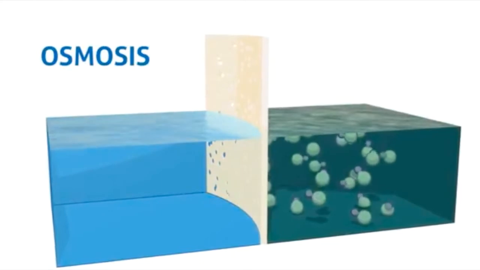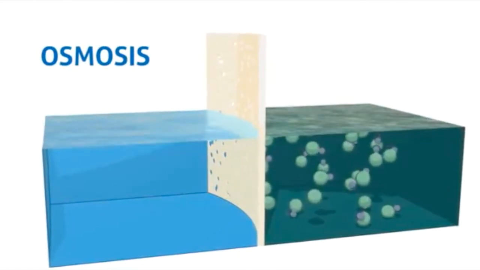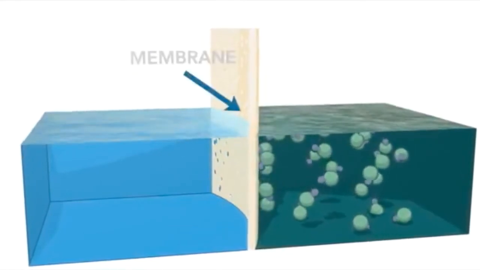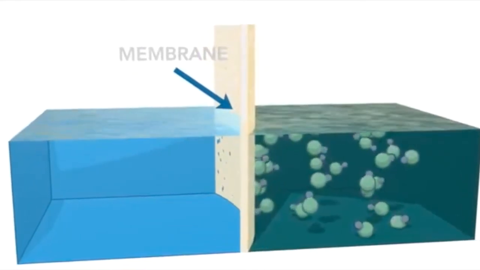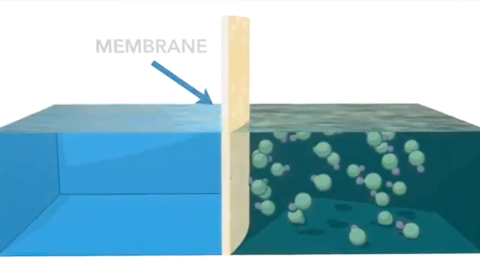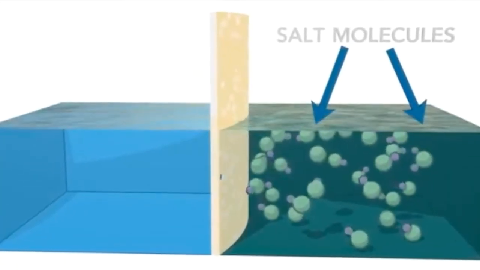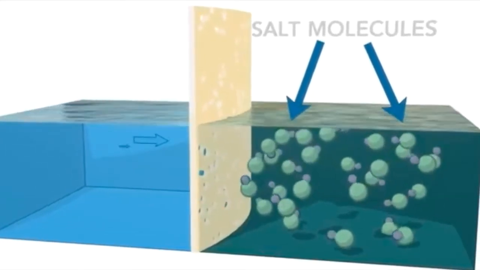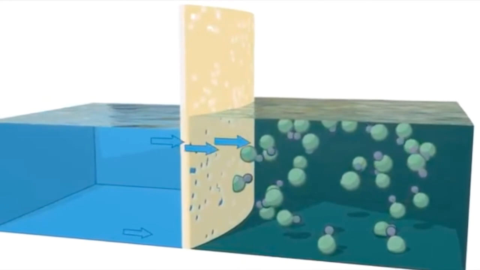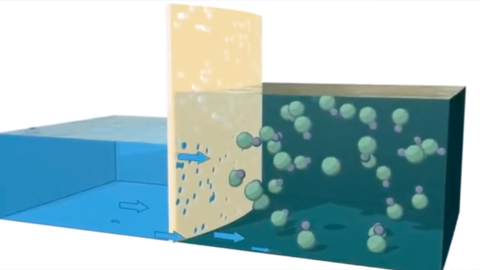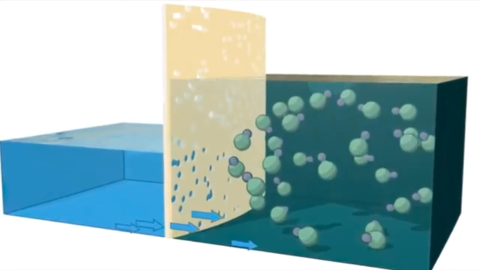Osmosis is a naturally occurring process in which a liquid, such as water, spontaneously passes through a membrane. The membrane, or semi-permeable barrier, allows some molecules like water through, but other molecules, like the majority of salt, are unable to easily pass through the membrane structure. The flow of liquid through such a membrane occurs naturally to try and even out the salt concentration between the two solutions.